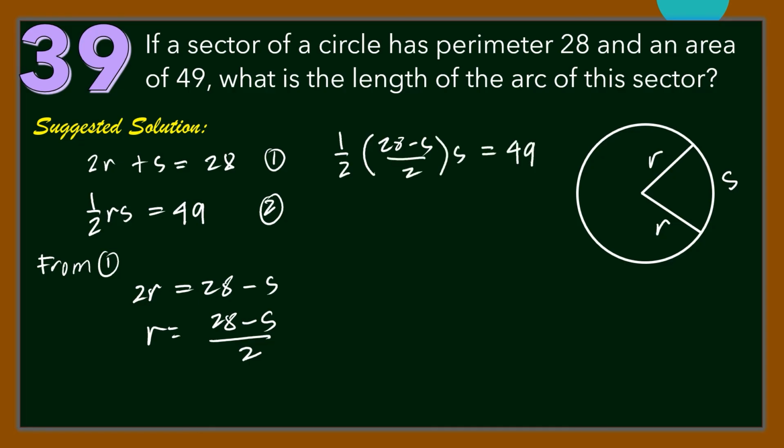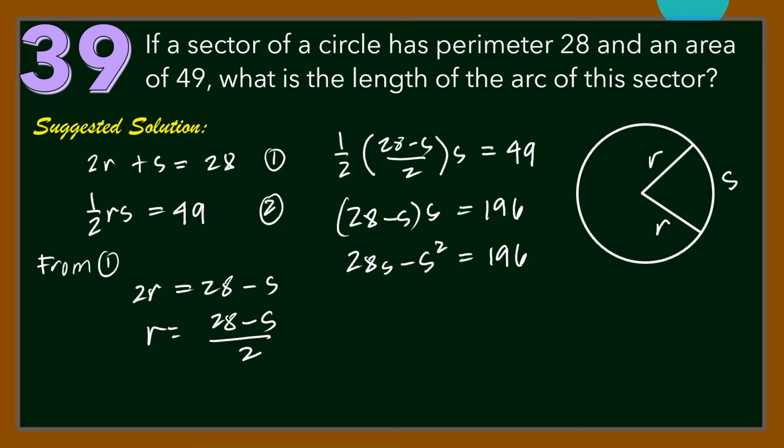Now, multiplying both sides of this equation by 4, we get 28 minus S times S is equal to 196. Now we have a quadratic equation. 28S minus S squared is equal to 196.